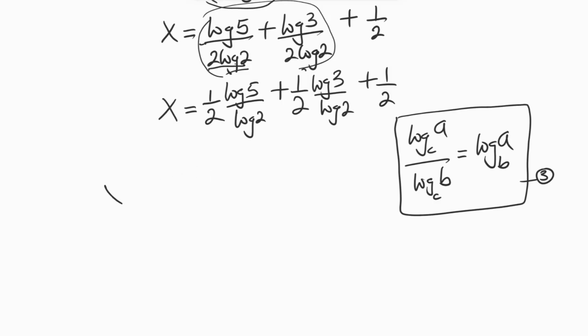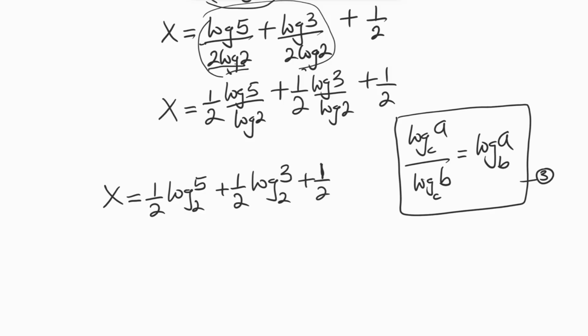Okay, so if we employ this third rule, we have x equals half of log of 5 base 2 plus half of log 3 base 2 plus half. And now we can collect half because all three sets have half in them.